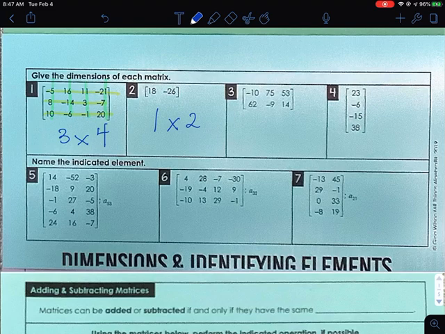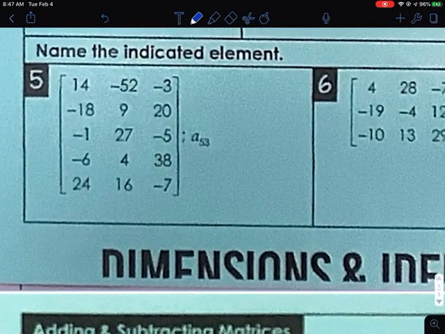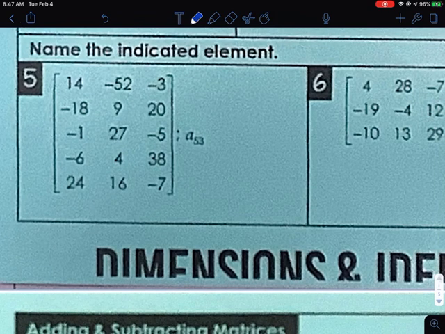Now for 5 through 7, they want us to write down what element is at the indicated position. So here, I want the element that is in row 5, column 3.